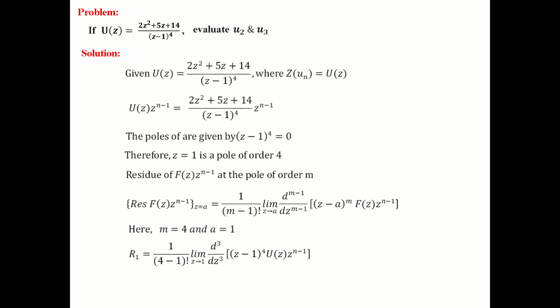Substituting the value of u of z and z^(n−1), you will get 1 by 3 factorial, limit z tends to 1, d cube by dz cube of (z − 1)⁴ (2z² + 5z + 14) into z^(n−1) by (z − 1)⁴. So you have (z − 1)⁴ in the numerator and also in the denominator, so they get cancelled. You will get remaining 1 by 3 factorial, limit z tends to 1, d cube by dz cube of (2z² + 5z + 14) into z^(n−1).